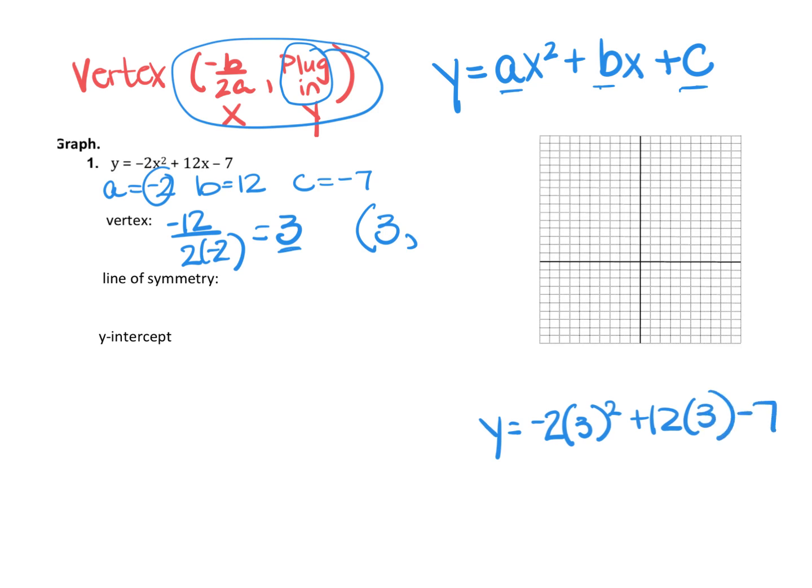When you plug that in your calculator, you get that the y value is equal to 11. So our vertex point is (3, 11). What we want to do then is graph our vertex. Let's walk over to the 3, go up 11. This right here is our vertex.